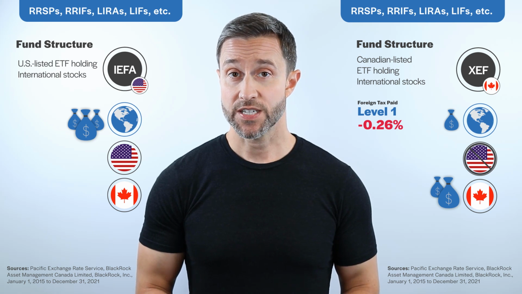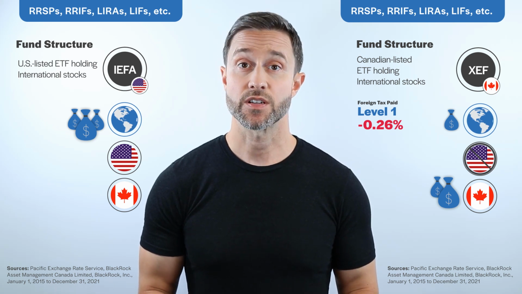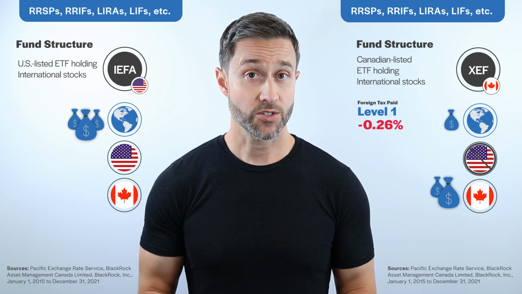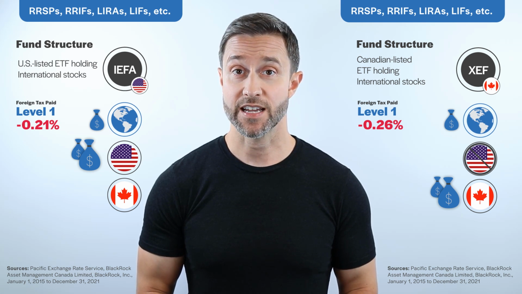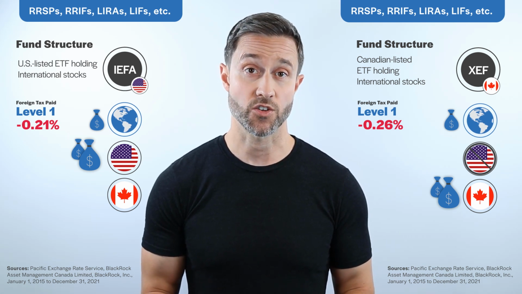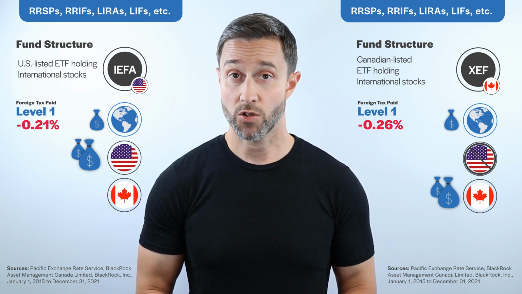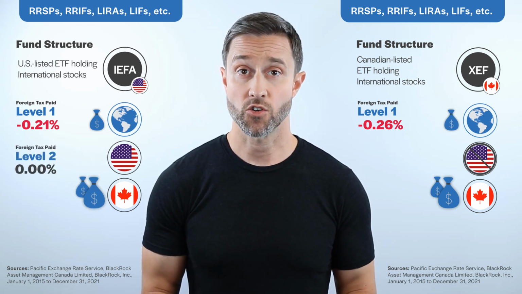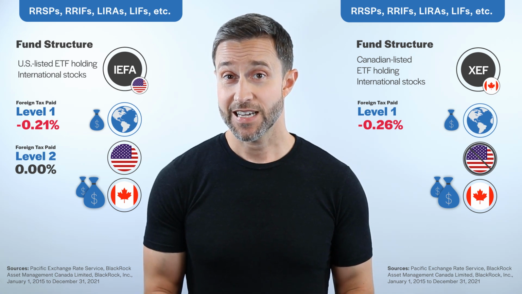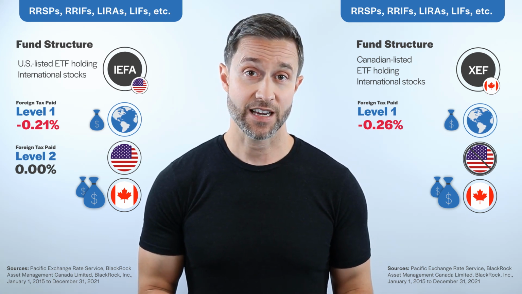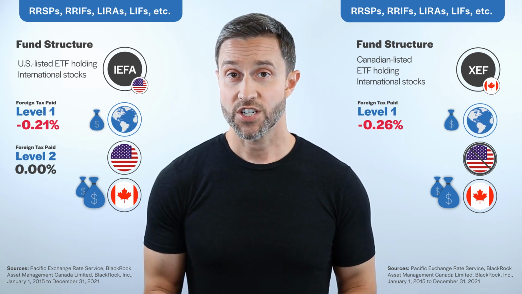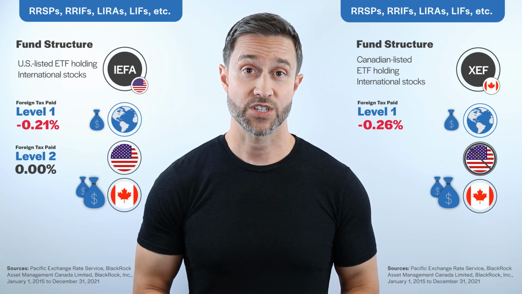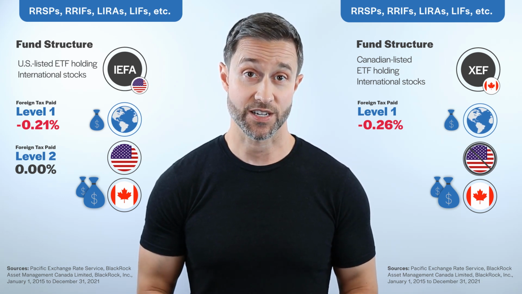Then, there's the US-listed international equity ETFs like IEFA. They also still incur the first layer of withholding tax when the foreign companies pay dividends to the US. This structure also avoids the second layer of tax drag as long as you hold it in an RSP or RRIF. This time, the tax break is due to the treaty between Canada and the United States, which exempts these account types from the 15% US withholding tax otherwise incurred.